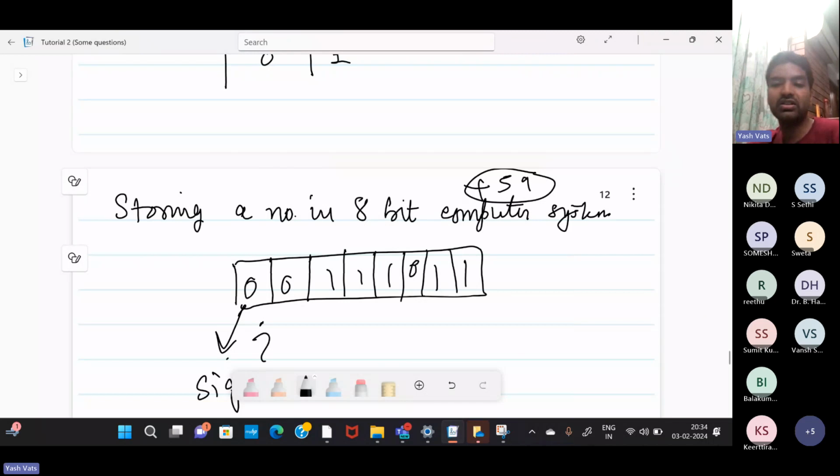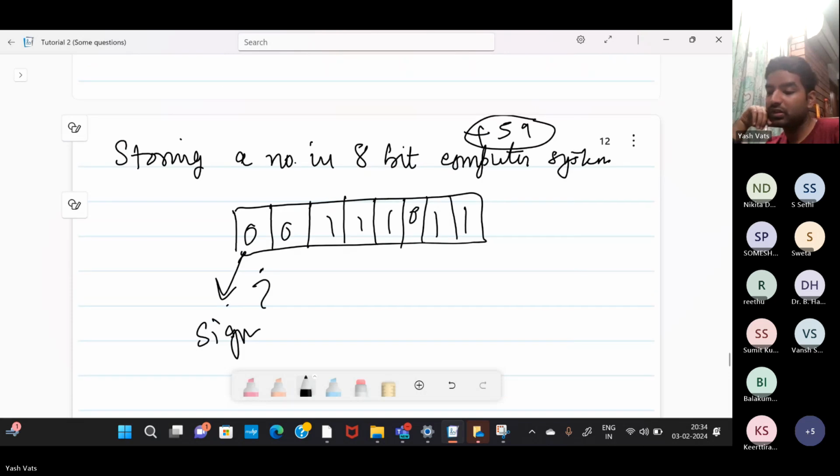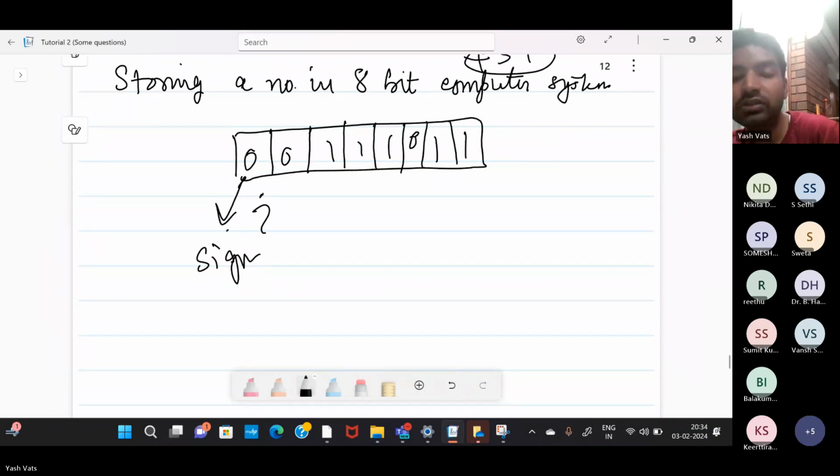So is it right? Is it the right way to represent a number in an 8-bit computer system? Anyone? Have you seen the lectures?